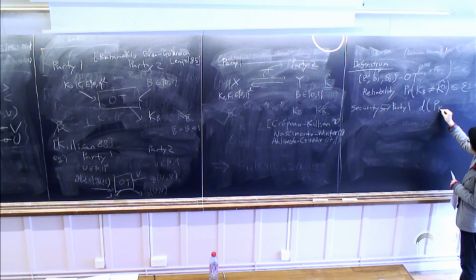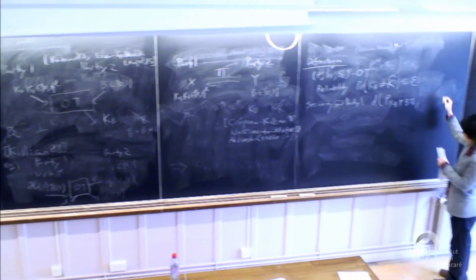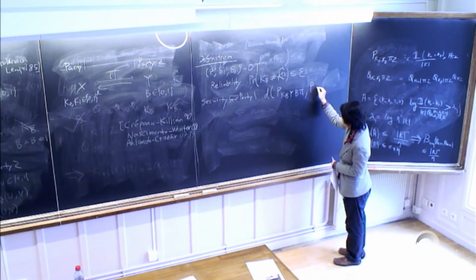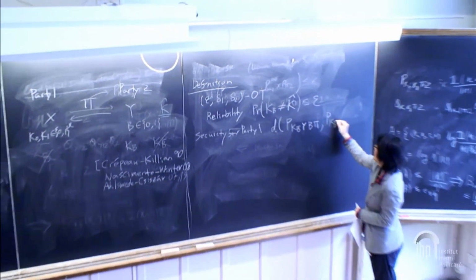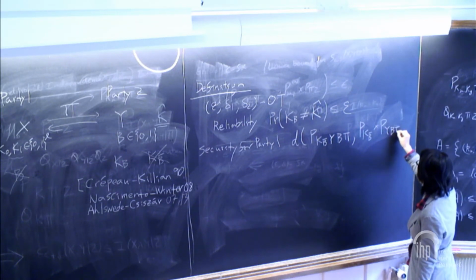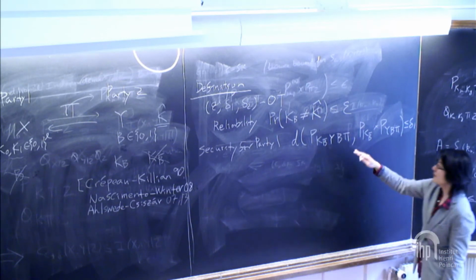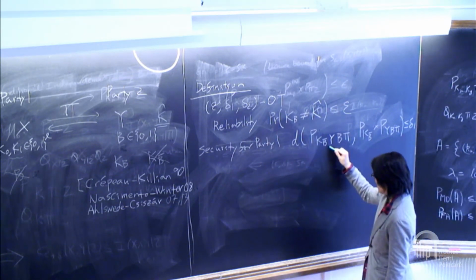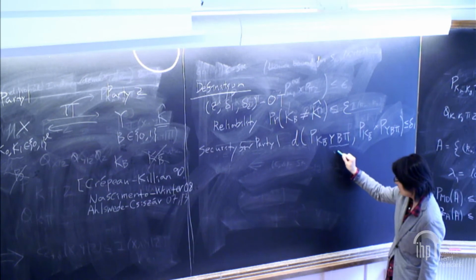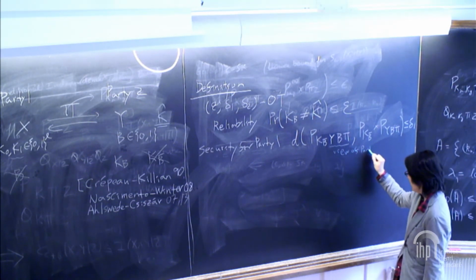So the probability distribution of K_B complement, Y, B, and the transcript should be close to this independent distribution within delta 1. This is the view of party 2, by the way.